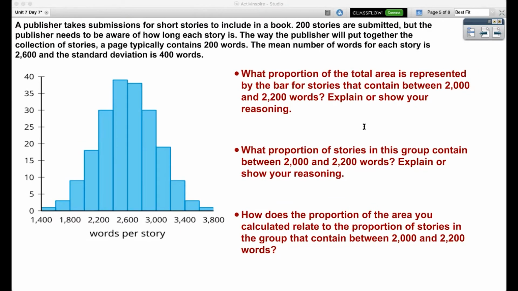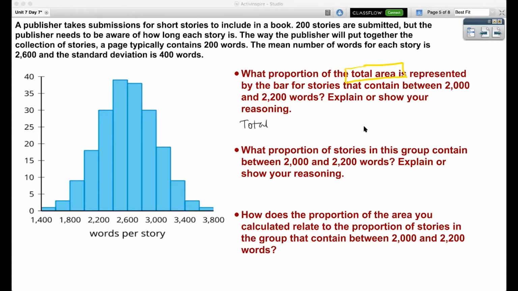All right, so what proportion of the total area is represented by the bar for stories that contain between 2,000 and 2,200 words? Well, let's think this through. We know that the entire area consists of bars that are 200 wide, that would be 200 tall when stacked. So what is the total area then?